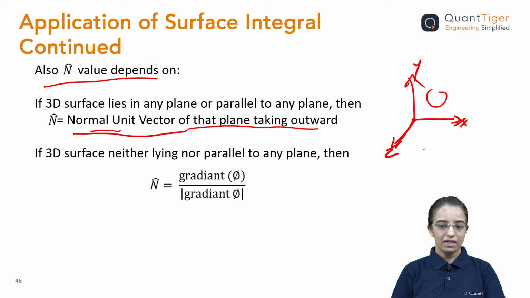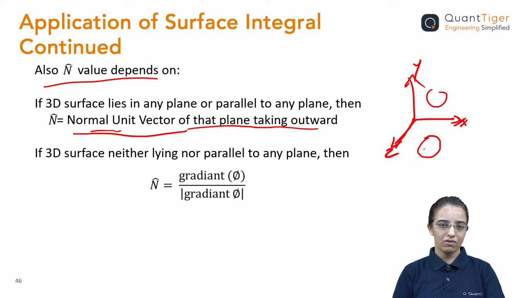Similarly, if the given surface is lying in the xz plane, or in a plane parallel to xz, then you will take n cap's value perpendicular to the xz plane.